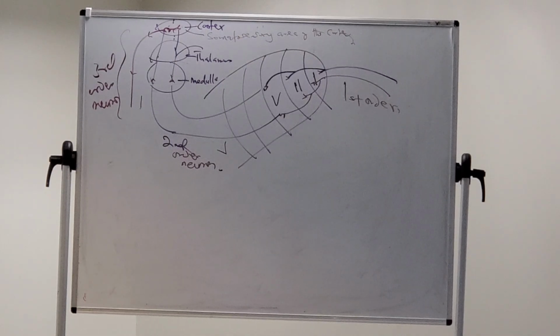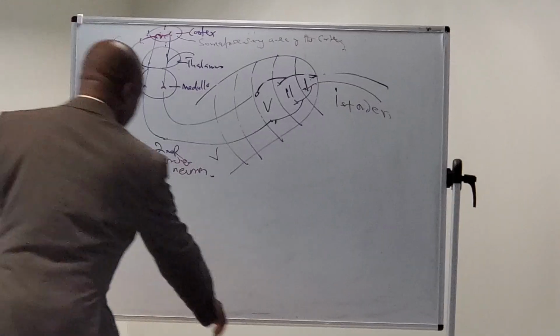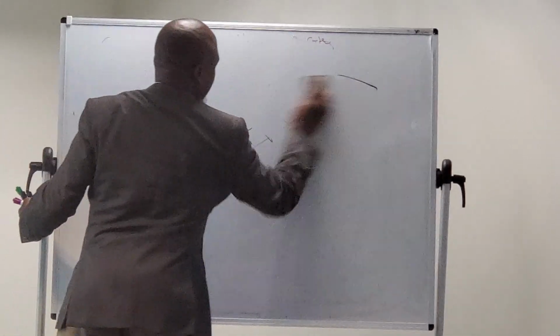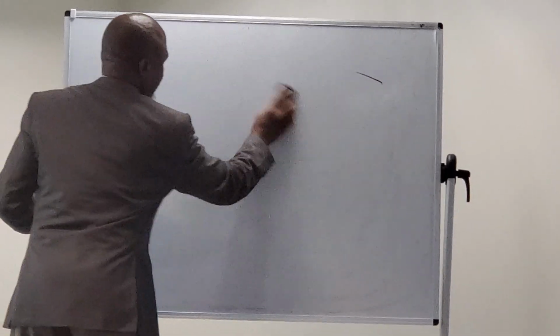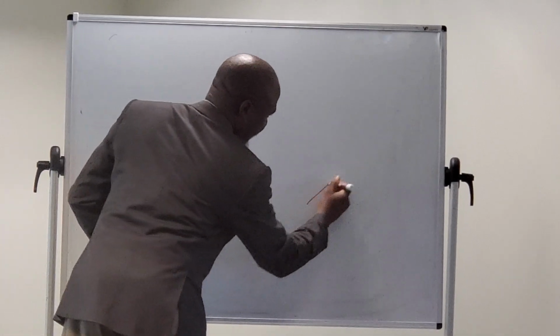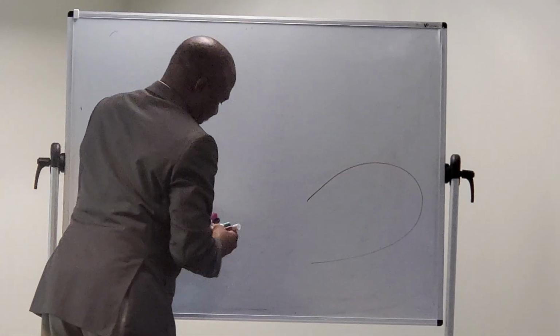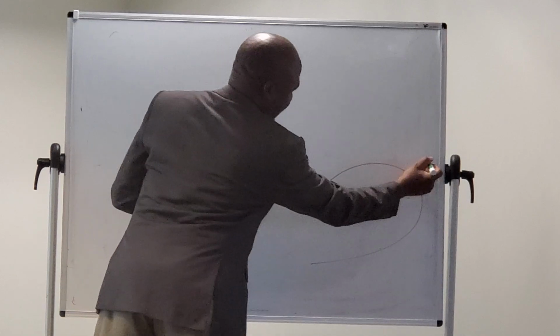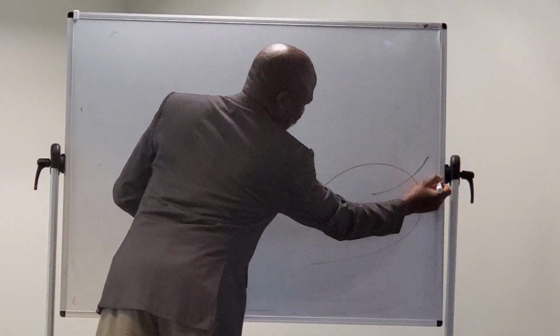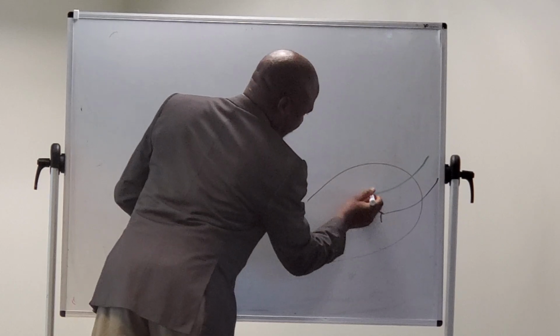Okay, perception. What is perception? Receives the pain, so let's place the dorsal horn here. This is the dorsal horn from where the A fiber came in. The C fiber also came in.